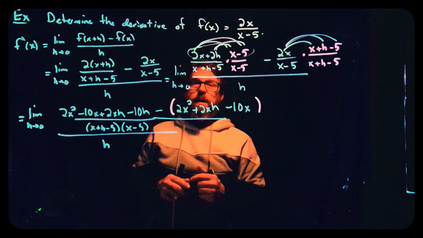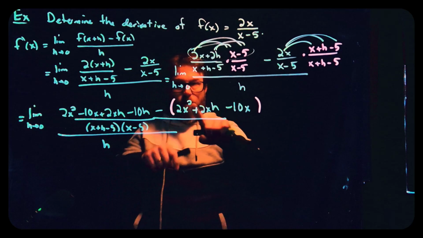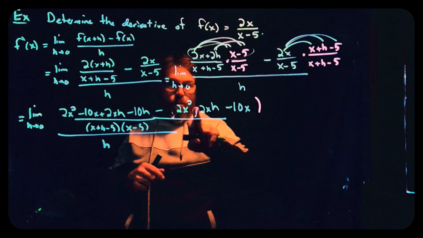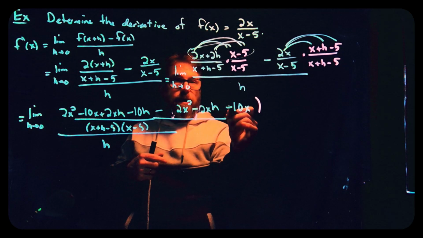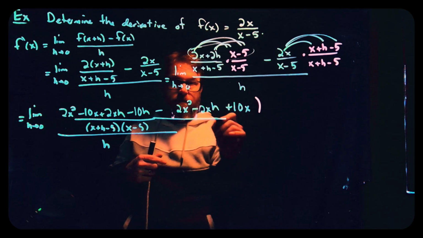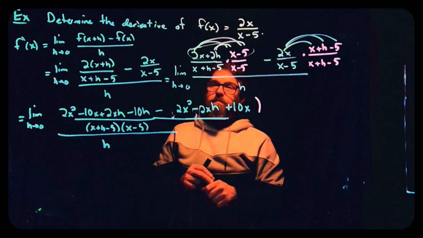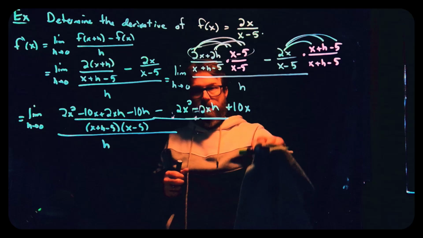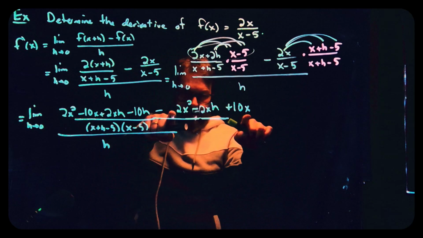Now, to save board space and maybe a little bit of time, when I distribute this negative through this trinomial, the first term will become negative. Really, all these signs are going to change. So this will now be negative and this will now be positive. So just be careful. Don't forget to subtract this entire thing.